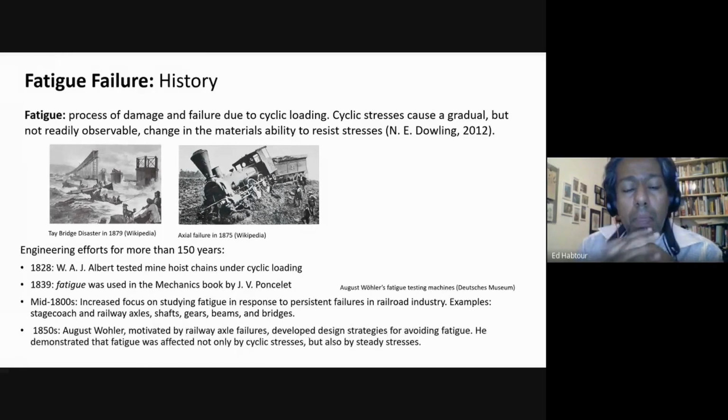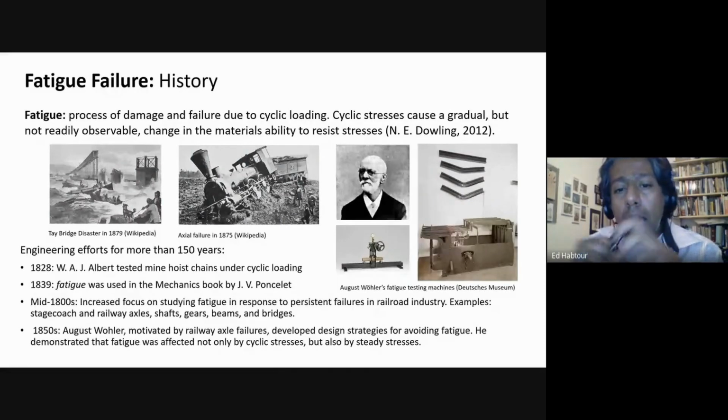One of the godfathers of fatigue, and you'll see this in a lot of textbooks, is August Wöhler. He was one of the first to standardize material testing for fatigue and to try to understand fatigue.